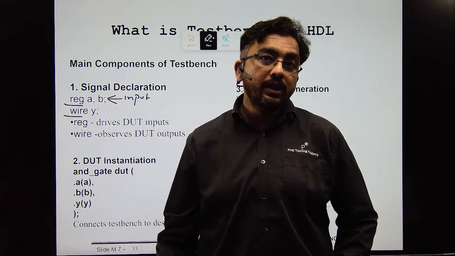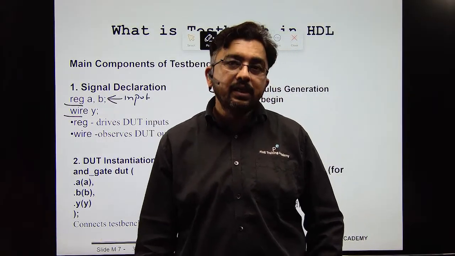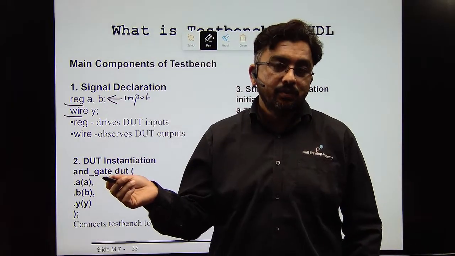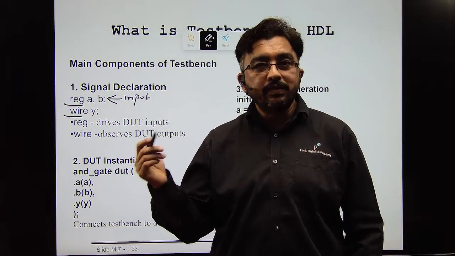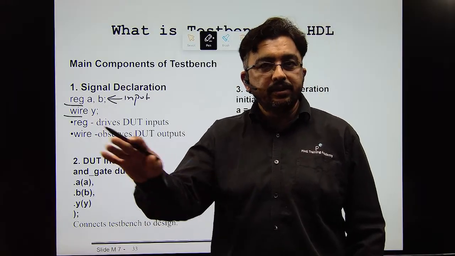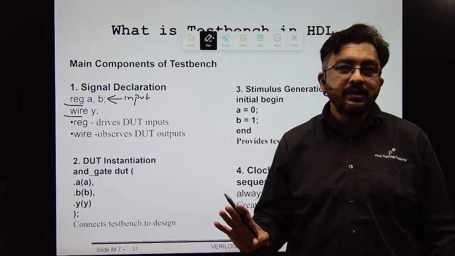In behavioral modeling, we define all outputs as reg. Why? Because in behavioral modeling, the data is stored and then it performs read, write, etc. So for that purpose, the data output is defined as a reg.